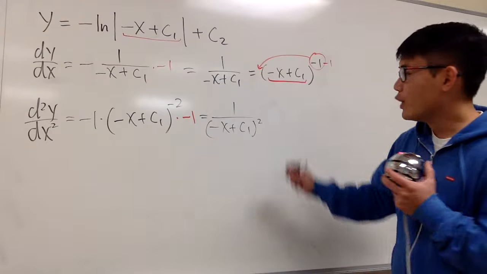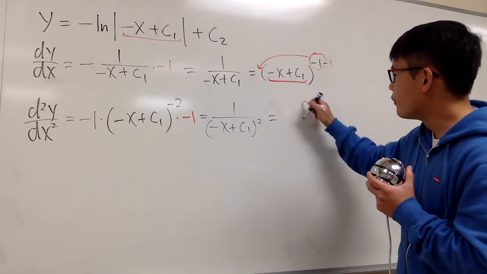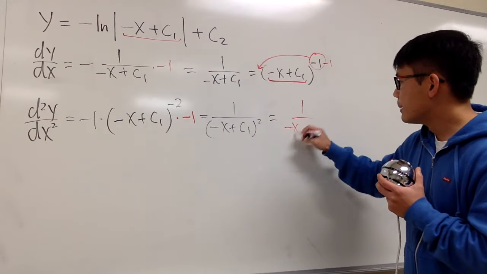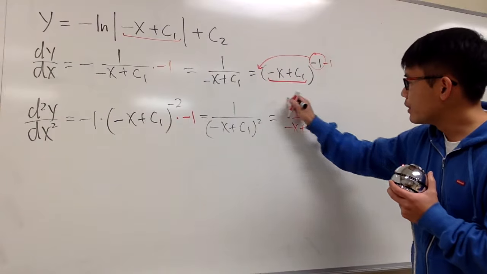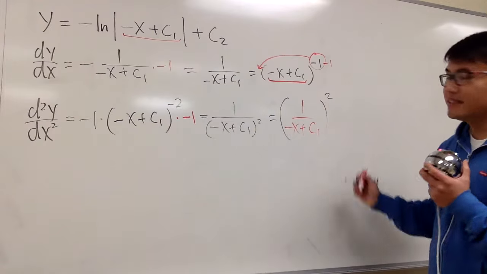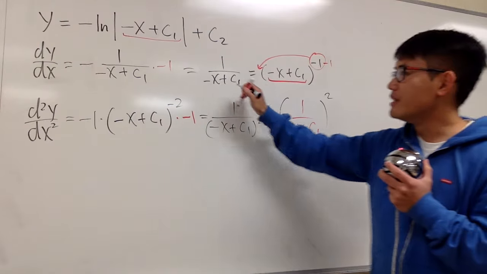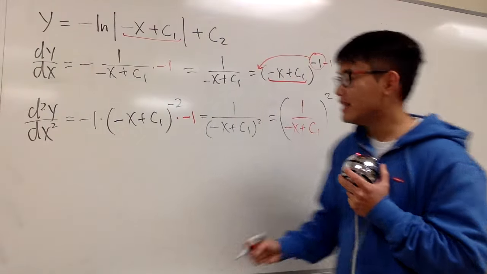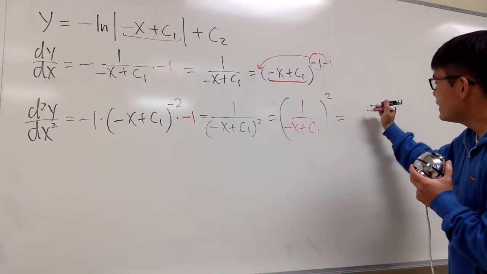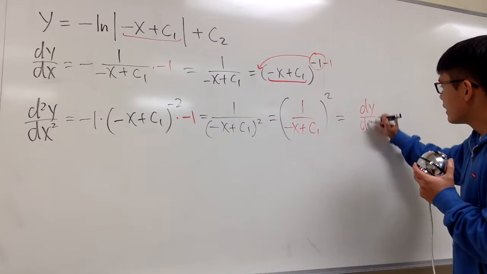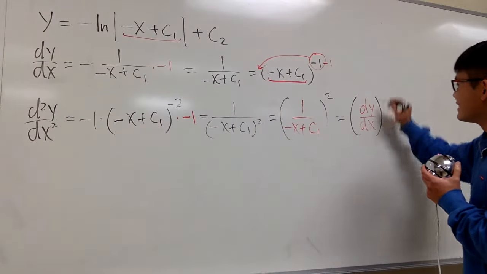And the punchline is, we can look at this as 1 over negative x plus c1, and we can put a square on the outside like this. Because now, the inside here is nothing but just the first derivative, right? So I can write this as dy dx inside, and then we will square this.